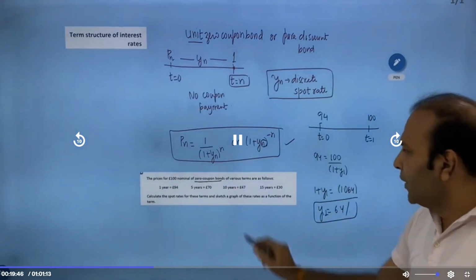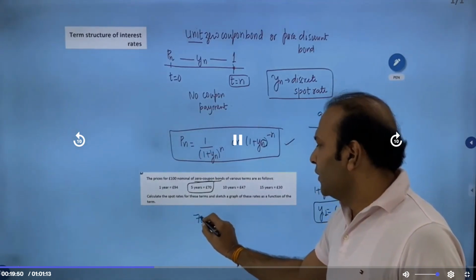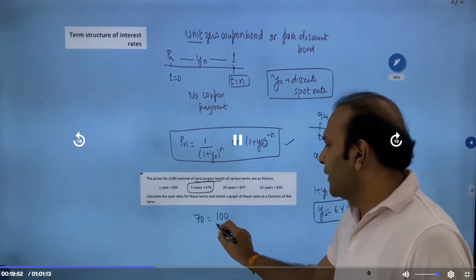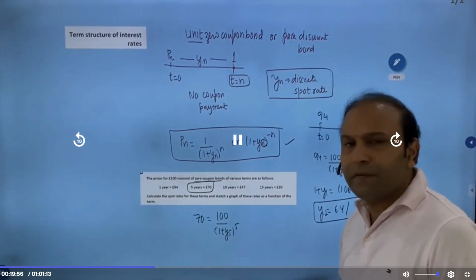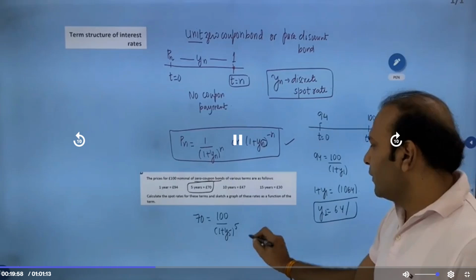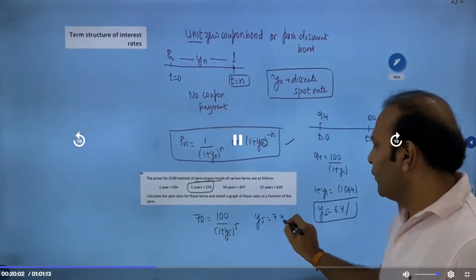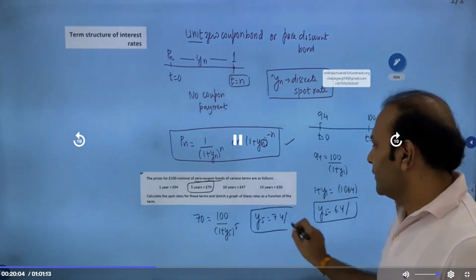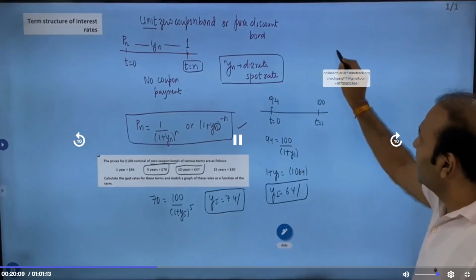Fine. Similarly, class, we have a 5-year bond with the price 70. So 70 is equal to 100 divided by 1 plus y5 raised to power 5. So class, we have to solve for y5. When you solve, you will get 7.4%. Similarly, we have a 10-year bond whose price is given.